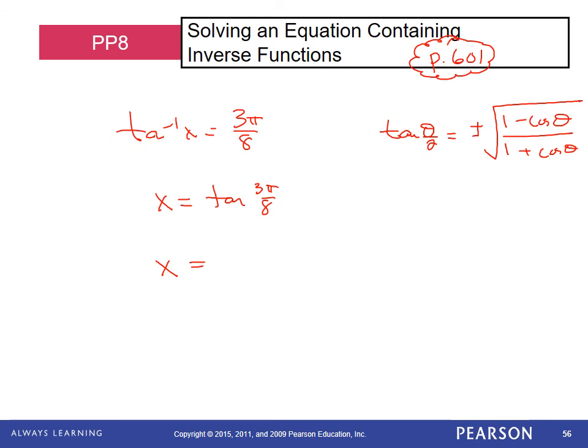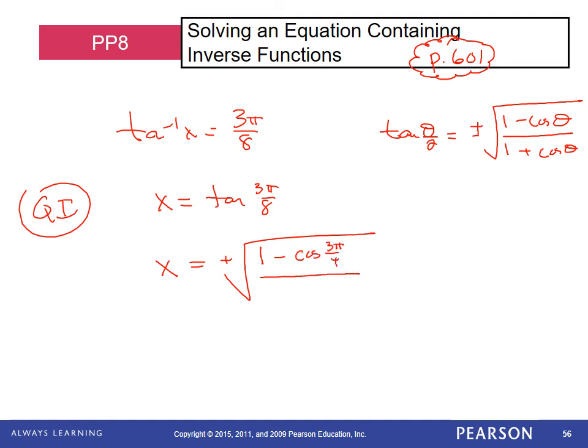Isn't that in quadrant 1? Yeah. So since we're in quadrant 1, it's going to be positive. So it's the square root of 1 minus cosine of 3 pi over 4 over 1 plus cosine of 3 pi over 4, because 3 pi over 4 divided by 2 gives us 3 pi over 8, or 3 pi over 8 doubled would give us 3 pi over 4.